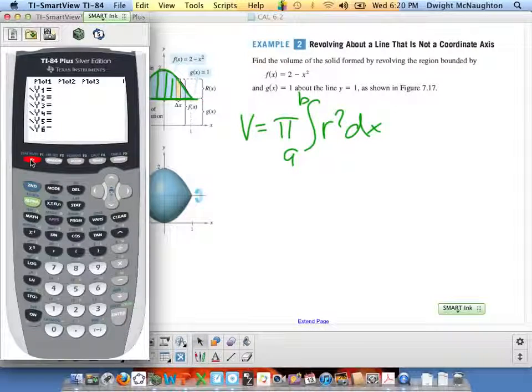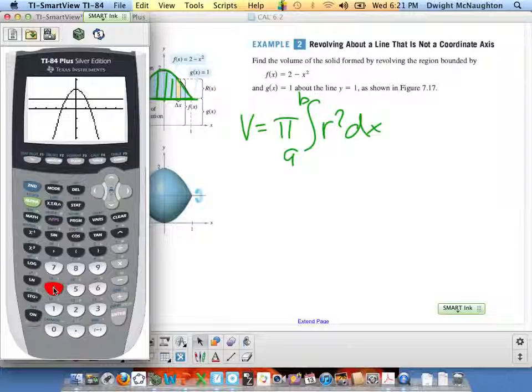All right, we'll graph 2 minus x squared. We'll graph y equals 1. I think on this one we can zoom to a decimal window and it should show up quite nicely. It appears to be balanced, so if we find the right intercept, we'll have the left intercept.